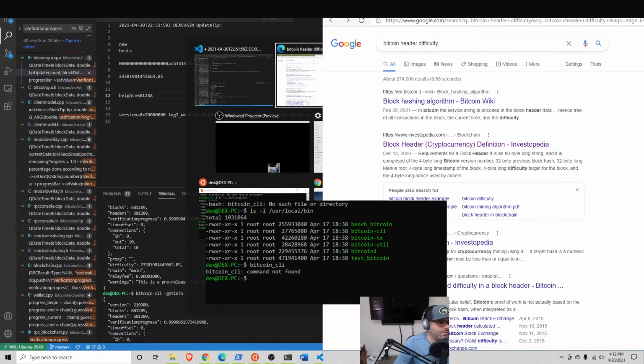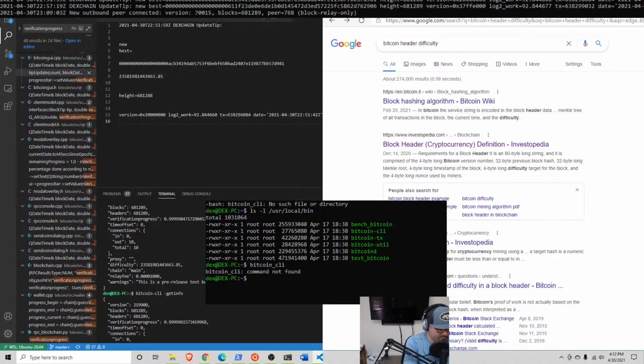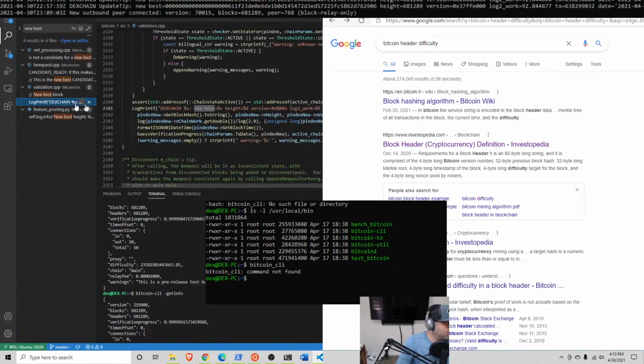Update tip. New best equals block hash to string.